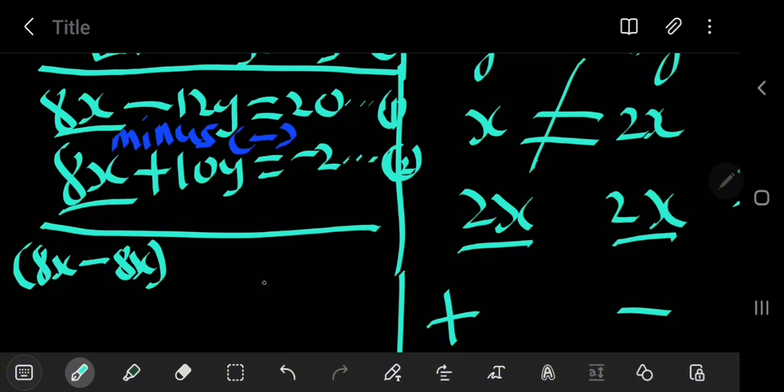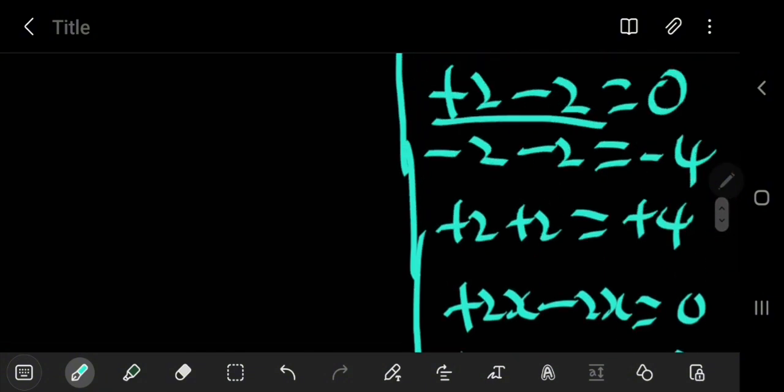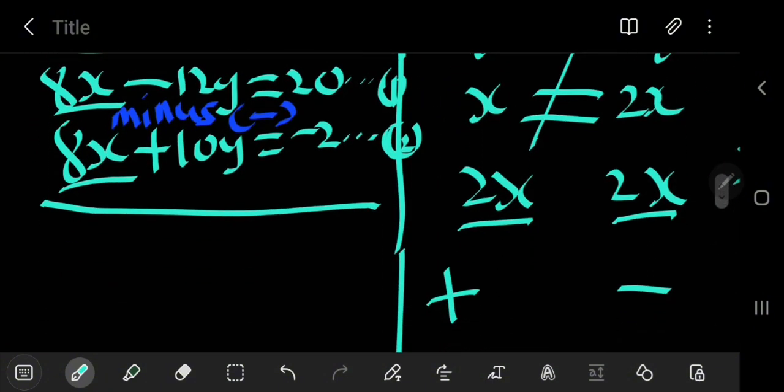I wouldn't put a bracket. A bracket wouldn't do justice. We have to do this straight. 8x minus 8x. If you need to work it out, you just come to your workspace. 8x minus 8x, and you get a 0. Come here and put what? A 0.